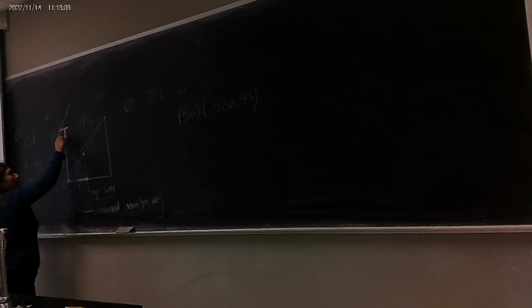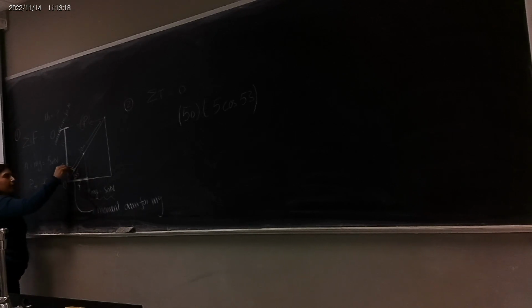Now for P force, you are here. You are looking for this length. Can we figure this length out? Now it should be easier. Do we know what this angle is? Sorry? 90 minus 53?